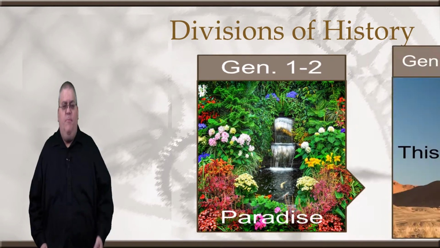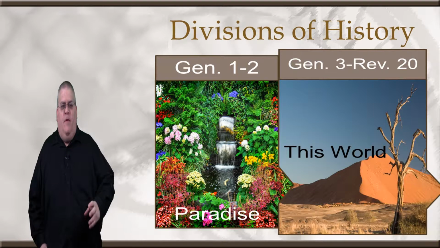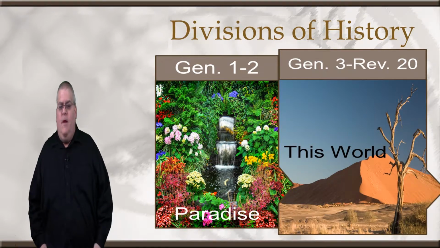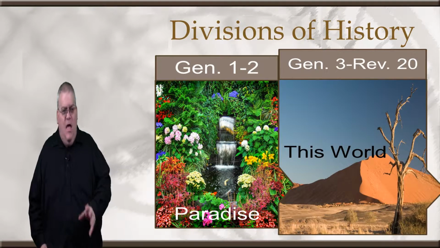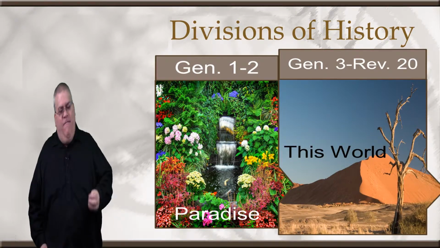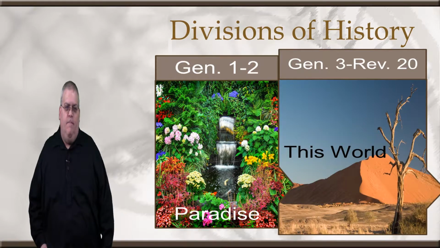And then Genesis chapter 3 through Revelation chapter 20 describes the present creation ruined by sin, yet in process of being redeemed. Now, there are different stages and levels of realization of this redemption throughout this large period of time, but none of it is yet a full realization of the promised paradise.